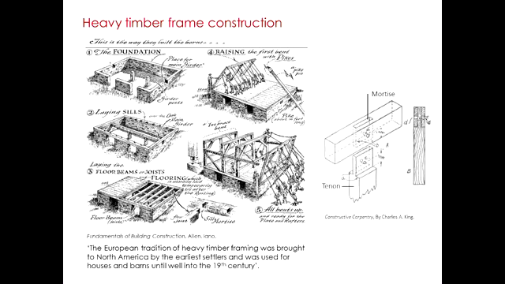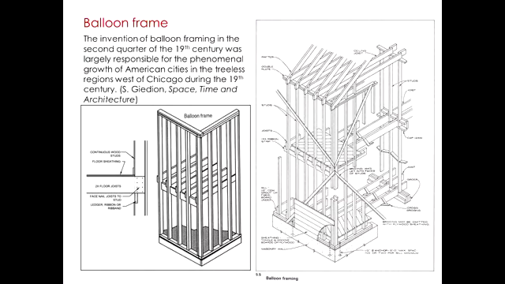That's a very complicated joint that requires craftsmanship, and the elements were heavy. So that's why we talk about heavy timber frame construction. And we moved extremely quickly to the 19th century, in which we developed the balloon frame system.